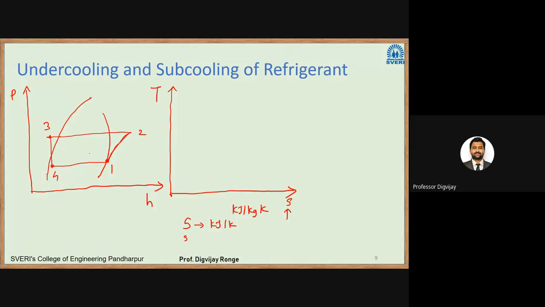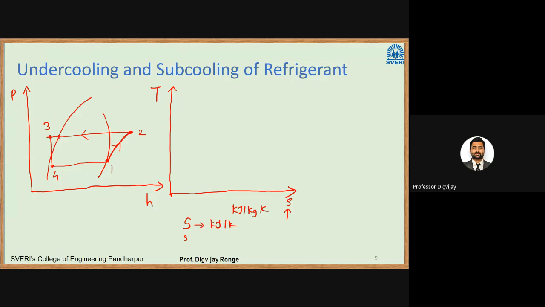So watch closely. There are two processes here: the refrigerant is superheated at point 2, and the refrigerant is subcooled at point 3. So what is happening here? 1 to 2, as we know, it is isentropic compression. At point 2, we have superheated vapor. It passes through the condenser, so phase change takes place.